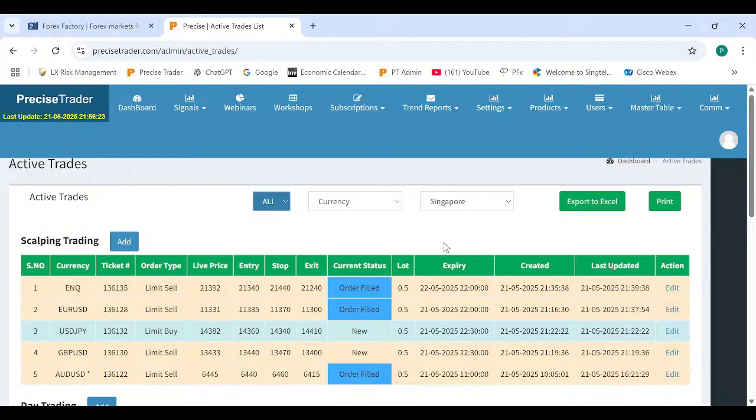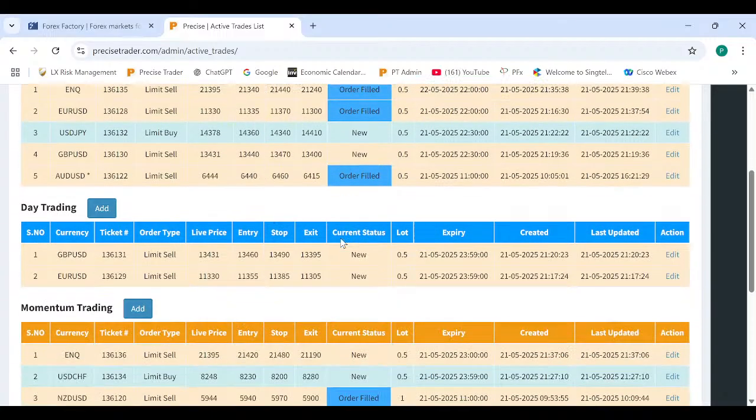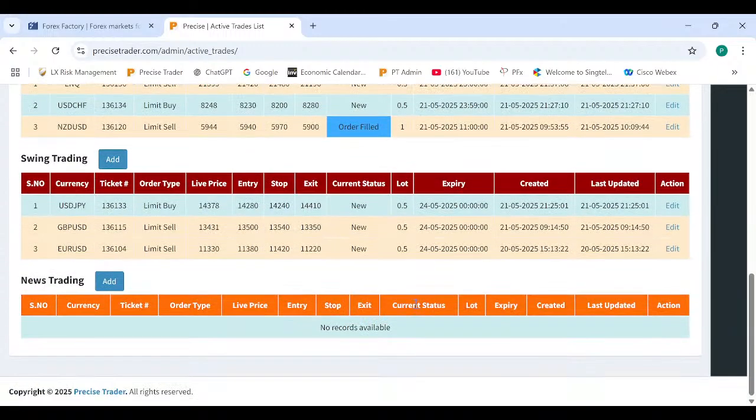Right now is 3300.31. Then we shorted Nasdaq at 340. Then we shorted euro at 335. Then we shorted Aussie at 64.40, New Zealand at 59.40, and gold at 3.5.